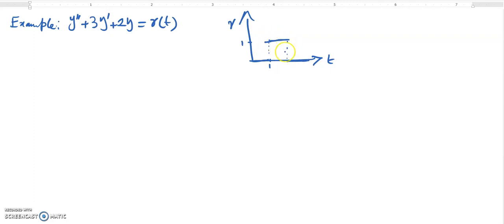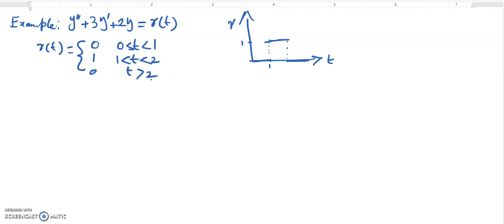So it is just this kind of function. So we can say that r of t is 0 from 0 to 1, 1 from 1 to 2, and 0 for t greater than 2.